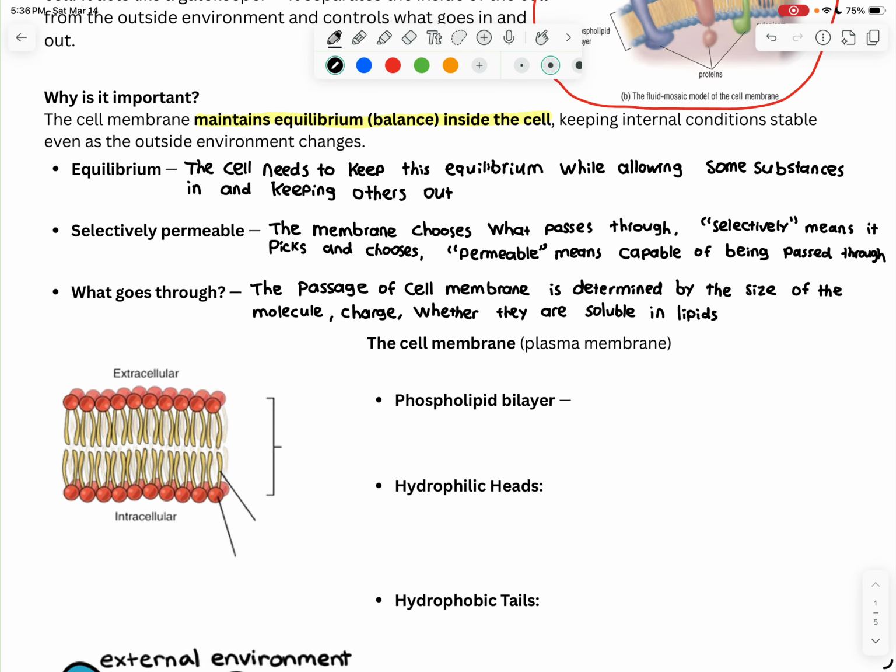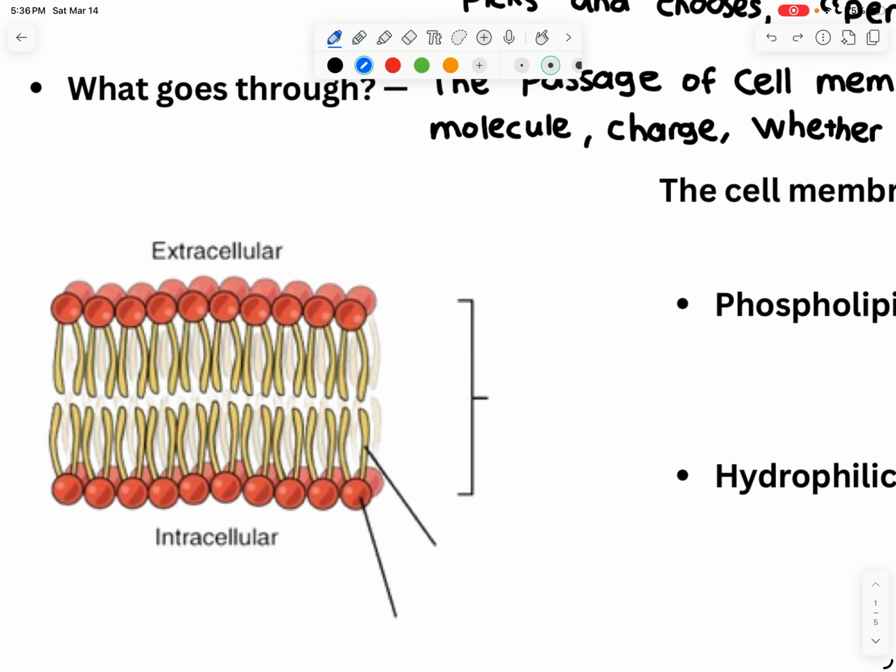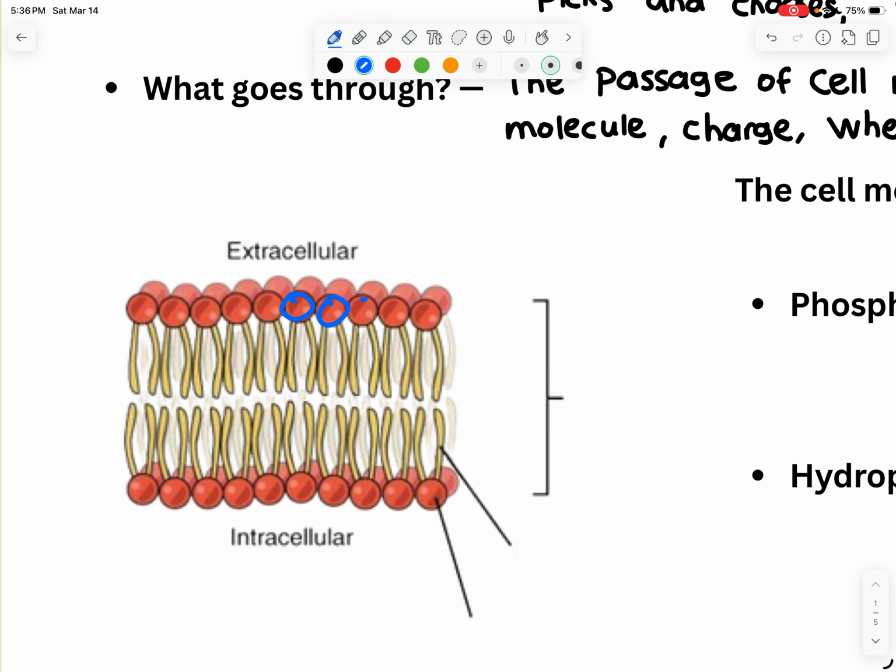Okay, so this is essentially your cell membrane. This is what it looks like. Sometimes they call it the plasma membrane. It's the same thing. If they say cell membrane or plasma membrane, it's literally the same thing. Also, I'm going to circle this. If you look over here, you see these heads and these little wiggly tails. They kind of look like sprouts.